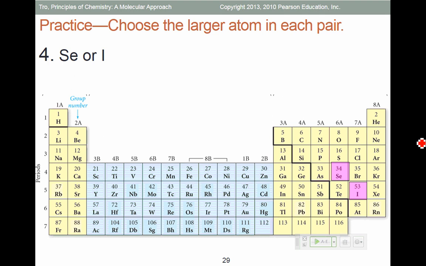Let's do chlorine and lithium. Those two are so far away and they're opposing forces, it would be really hard to tell. Chlorine has a bigger principal energy level, but lithium has the least amount of nuclear charge. So typically, I'd predict iodine's probably bigger because it has the bigger principal energy level. But because those trends are opposing, I might need more information, and there may be cases where that opposing trend is going to give us an issue.